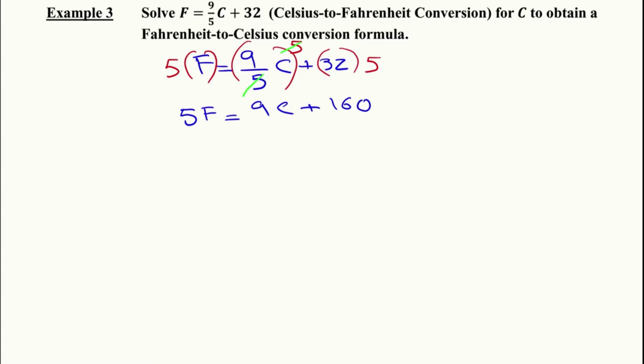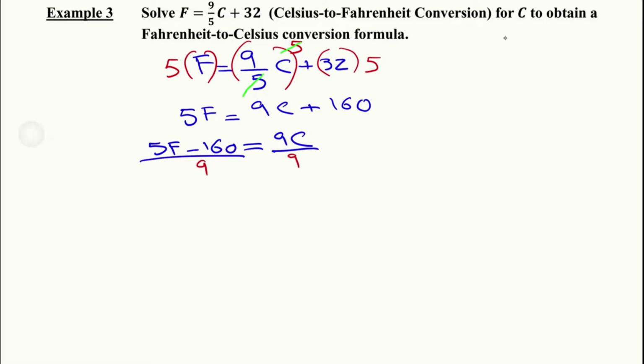So now we go ahead and move the 160 to the other side. So we get 5f minus 160 equals 9c. So of course we simply subtracted 160 from both sides. Now finally we're ready to solve it. So we're going to go ahead and divide both sides by 9.